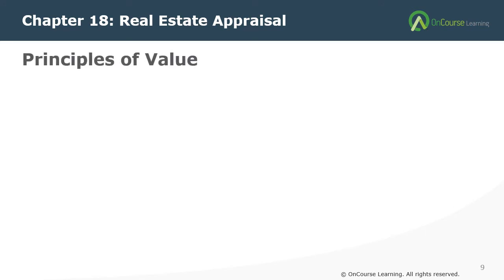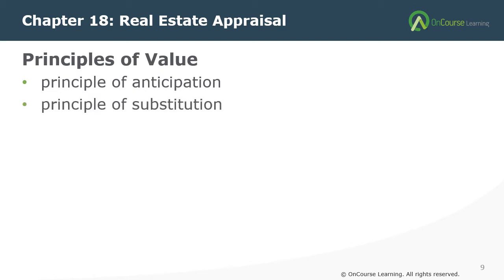Value has several principles, and these also help guide the appraisal process. The first is the principle of anticipation. That means that value is equal to the present value of that asset's expected future benefits.